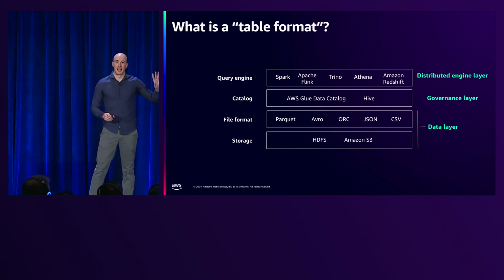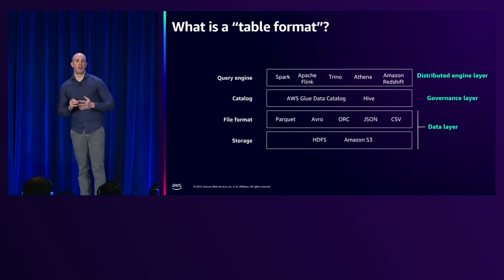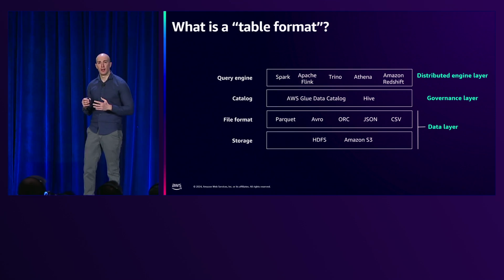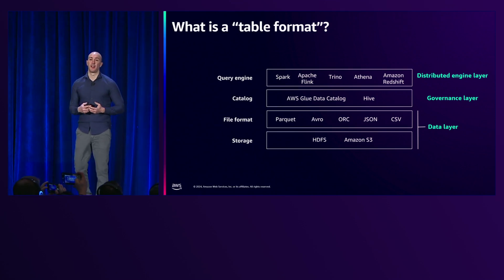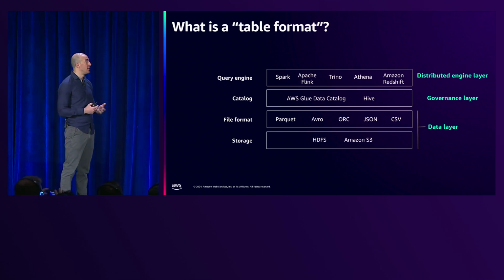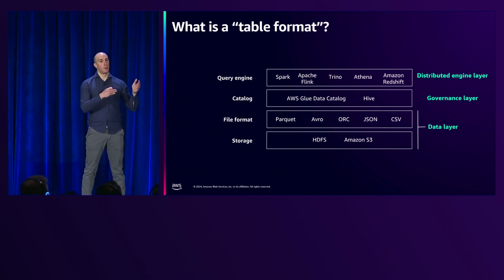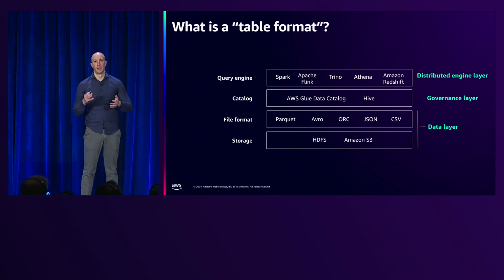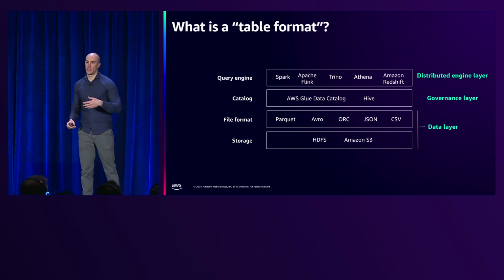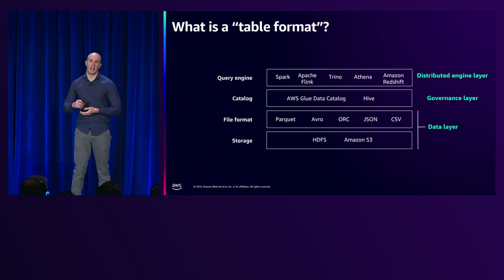Now, this is my favorite slide, and it represents the architectural component of a distributed query engine. On top, we have your favorite query engine where you run your job or your query. And usually there are Spark, Apache Flink, Trino, Athena, Redshift, HBase, and so many others.